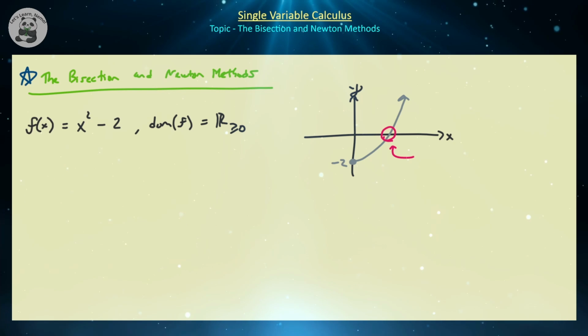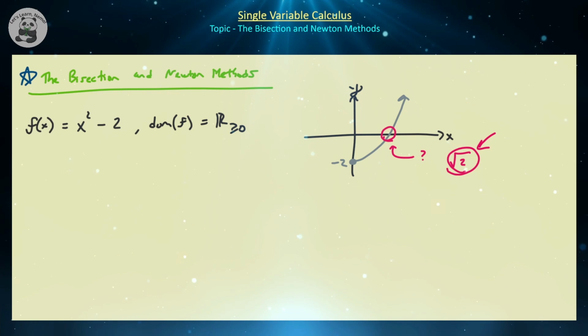So what is this point equal to? Some people will define it as this symbol, square root of 2, and we can use a calculator to calculate that, but how exactly do we find this number whose name we give square root of 2? Because not all roots have pretty names.